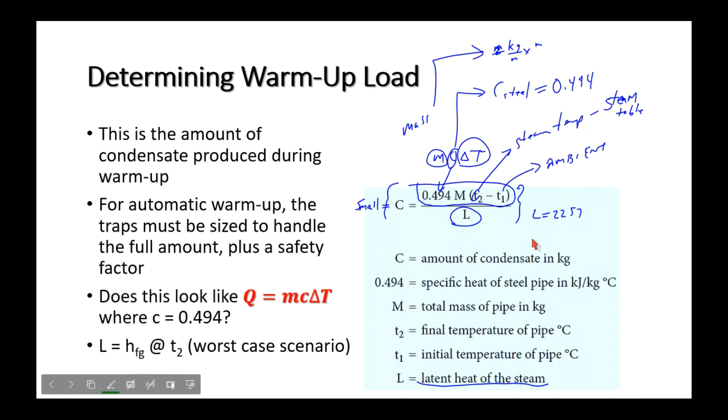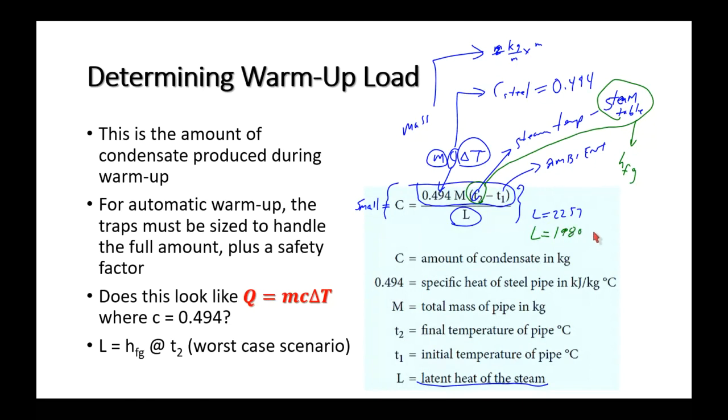So let's say, for example, at T2, which is related to the pressure on the steam table, if we find hfg at T2, we might end up with a value for L as being, I don't know, I'm just going to pull this one out of the air, 1980 kilojoules per kilogram.